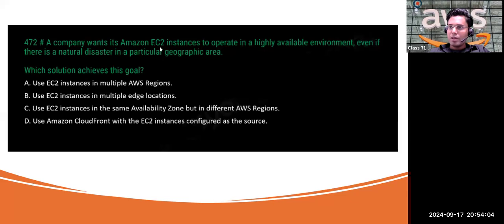A company wants its Amazon EC2 instances to operate a high availability environment even if there's a national disaster in a particular geographic area. If something goes wrong in a particular geographic area, use multiple regions. Anyone just say, multiple regions, don't worry.